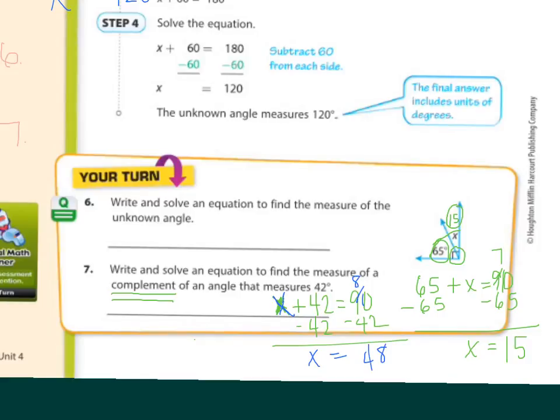So that means the other angle was 48. So if I had a 90-degree angle and one of them was 42, we just calculated the other one to be 48. And these two angles are complements. Because why? They add up to 90 degrees.